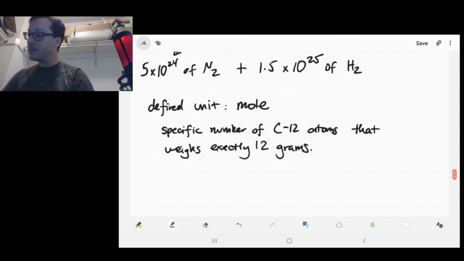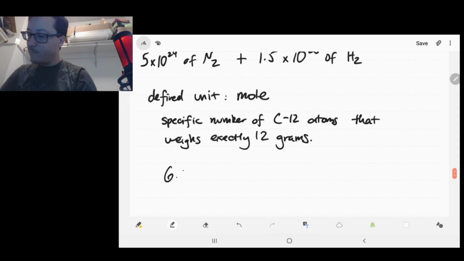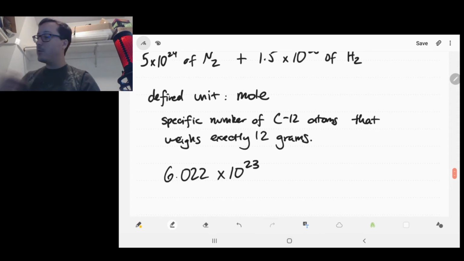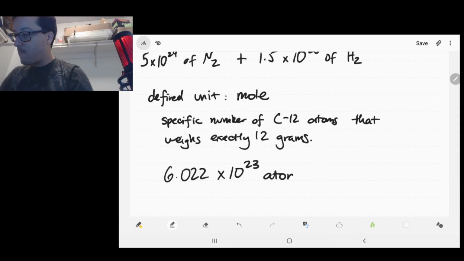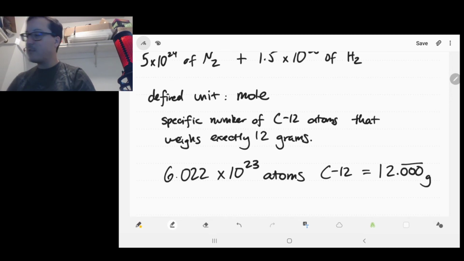And this happens to be this magic number, repeating all those zeros. It's exactly 12, so I'm just going to put 12.